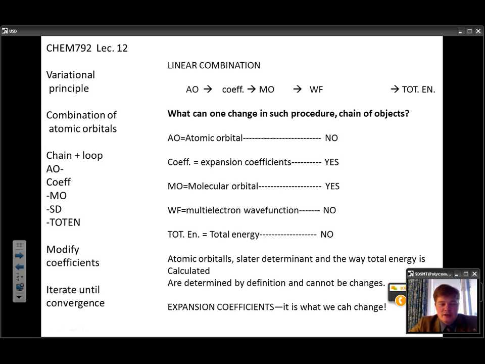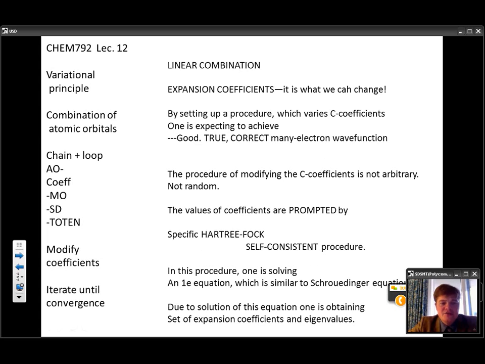Okay. So if we do believe in the variational principle, then we can believe that by modifying, by tweaking the expansion coefficients, we can change the whole procedure of getting total energy.